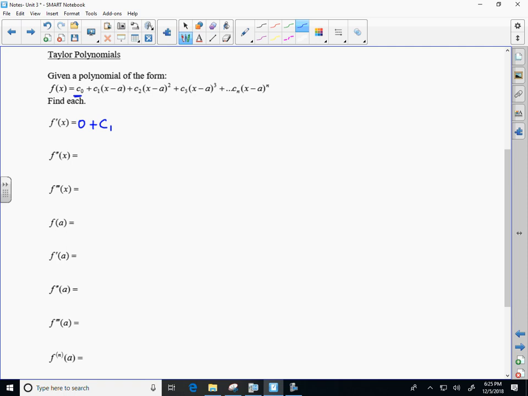For the next one, you could actually just power rule, chain rule it up. It's not really too much in the world of chain rule because the inner function doesn't have a derivative other than 1. So it's pretty easy to do. We'd be looking at 2 times c sub 2 times x minus a plus 3 times c sub 3 times x minus a squared. Then eventually we would get to n c sub n x minus a to the n minus 1.